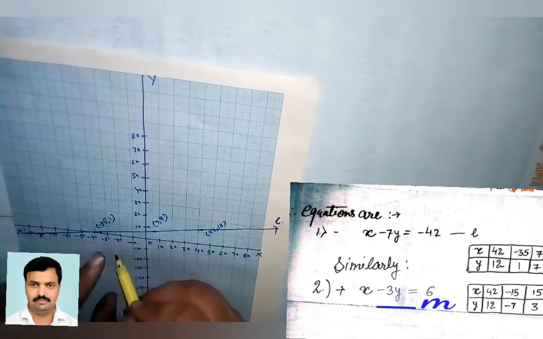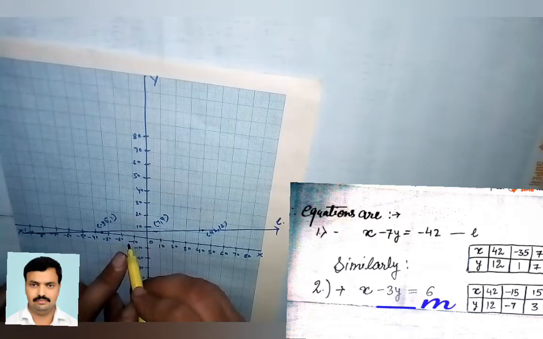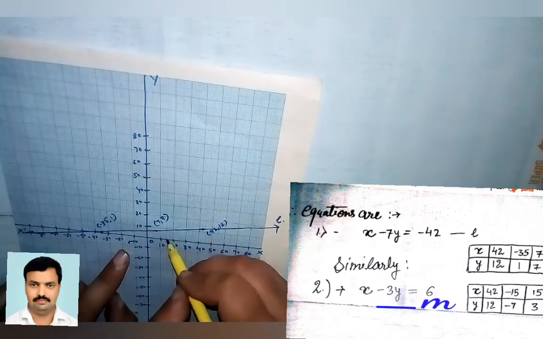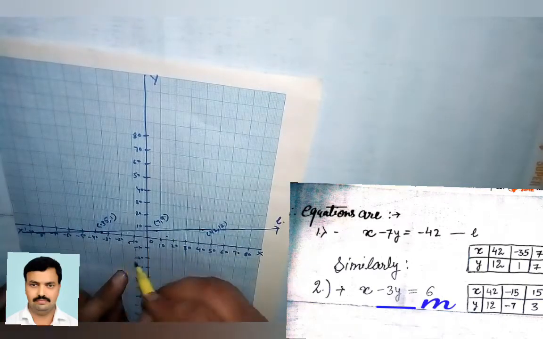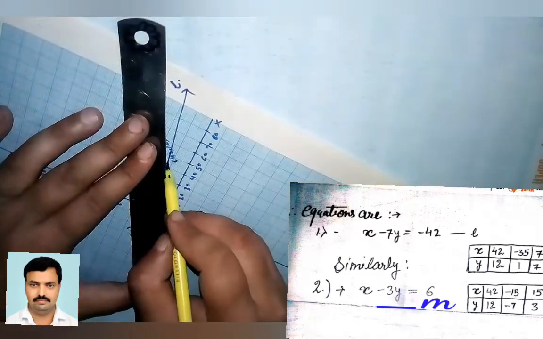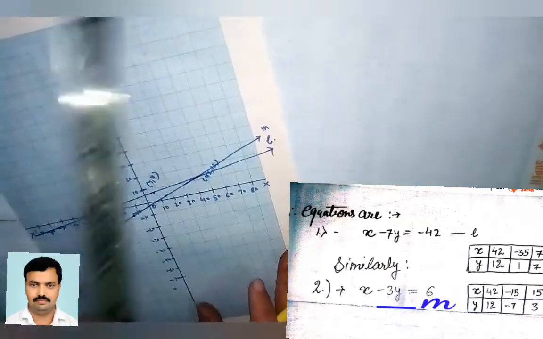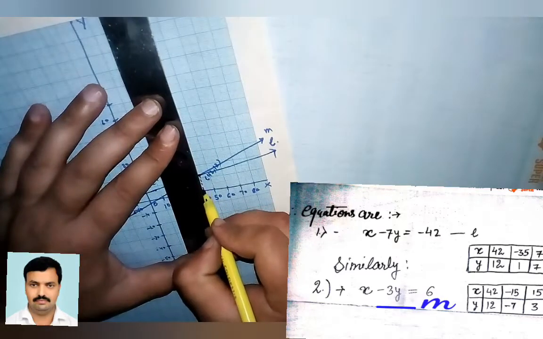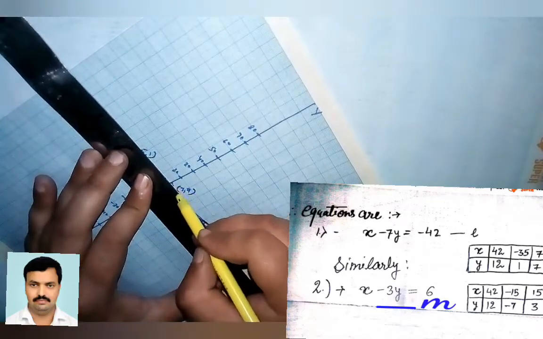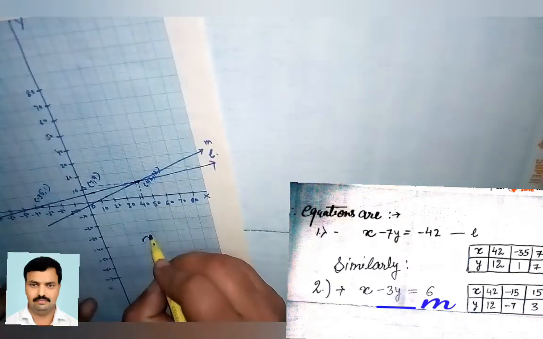First point is the same. Second point is minus 15, minus 7, and third point is 15, 3. Remember, you have to draw both lines on the same graph. Join all 3 points again. They will come in a straight line, and if they are not coming in a straight line, it means there is some mistake in your question. So the second line is M, and see their intersection point. Their intersection point is 42, 12. 42 from the x-axis and 12 from the y-axis.